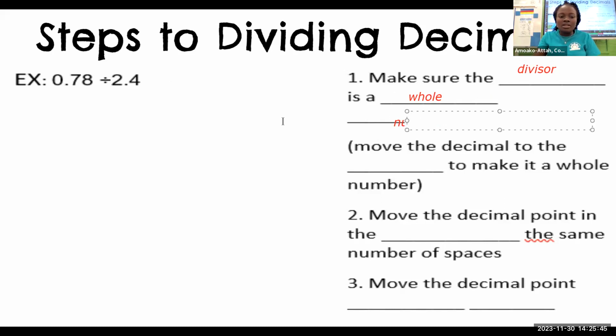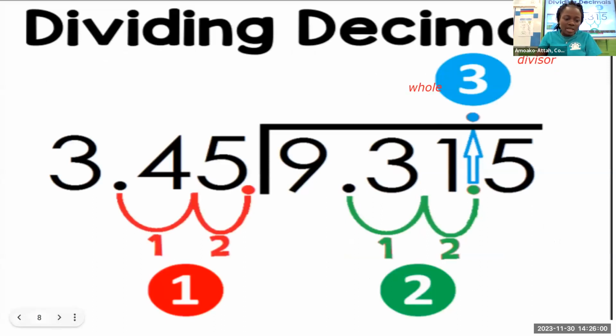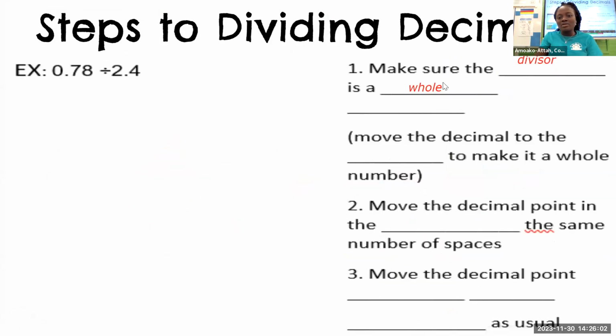So let's clear this and write it well. You have to be able to understand the key vocabularies in the lesson. So one, make sure the divisor is a whole number, because we are dividing decimals by decimals.